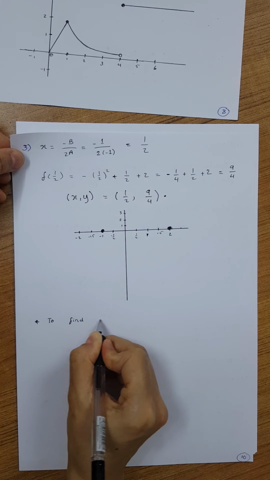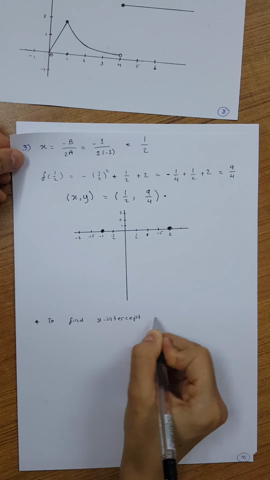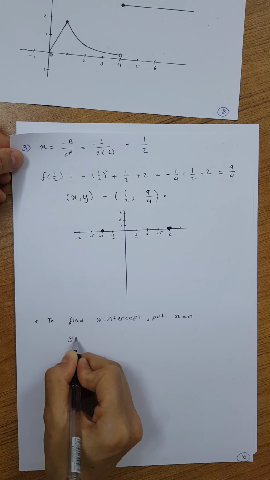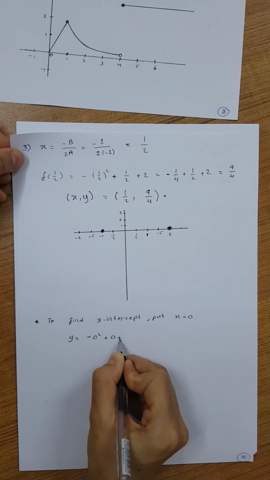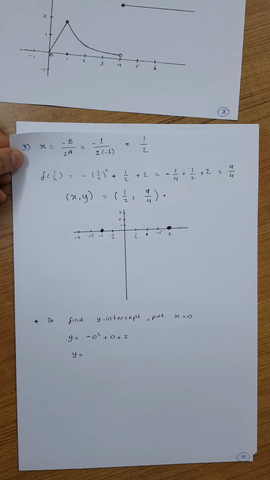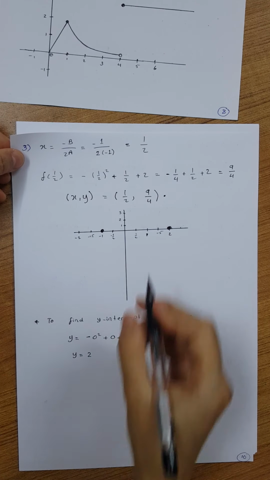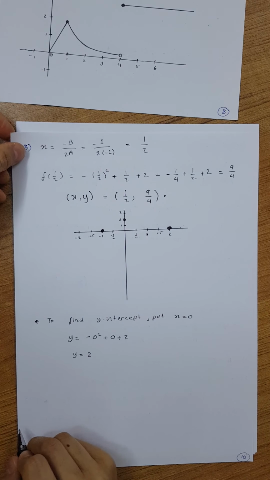To find the y-intercept, we put x is equal to 0, so y is equal to minus 0 squared plus 0 plus 2, so y is equal to 2, okay, y is equal to 2. So here is another intersection point, that's the y-intercept.